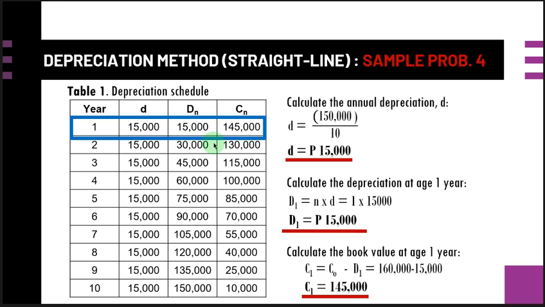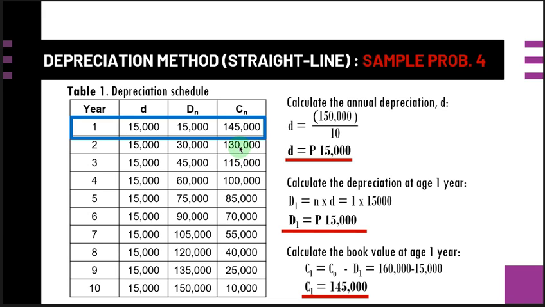And also for our book value C sub n, using this formula, C sub O minus D, we replace this D sub 1 with D sub 2 since we are in the second year. Our D sub 2 is 30,000. So 160,000 minus 30,000 is equal to 130,000 pesos.